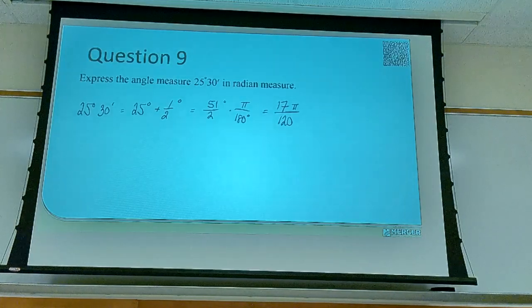Check the way you typed it into your calculator. The other way to look at it is it's 51 over 360, which would simplify to 17 over 120.